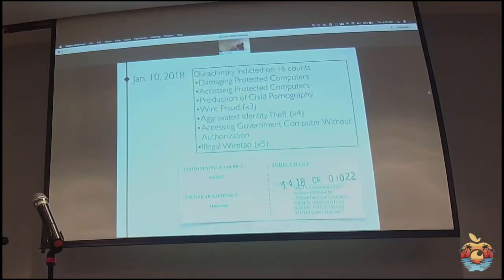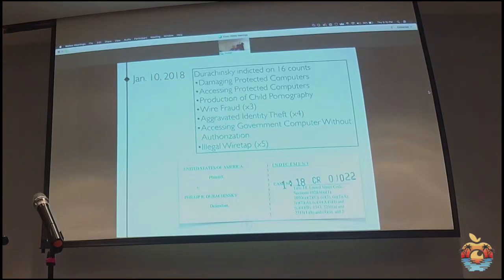So if we fast forward a year, January 10th, 2018, Durachinsky was finally indicted on 16 counts. You can see here there were a number of different counts, including production of child pornography and illegal wiretapping.